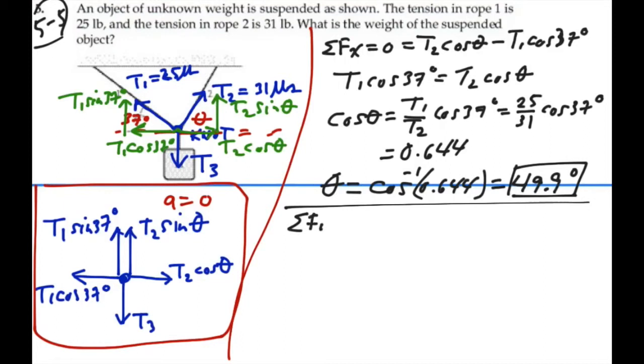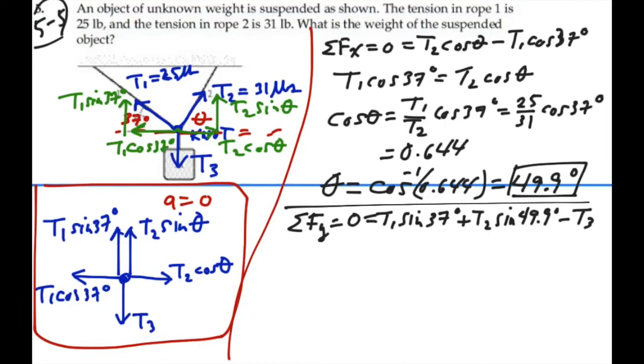The summation of all the forces in the y direction should be equal to 0 because nothing is accelerating. And we do have forces. We have two forces going up: T1 sine 37 degrees plus T2 sine theta, which is now 49.9 degrees, minus tension 3.